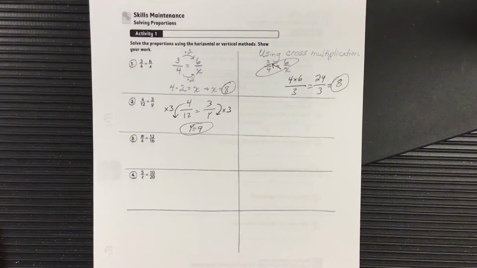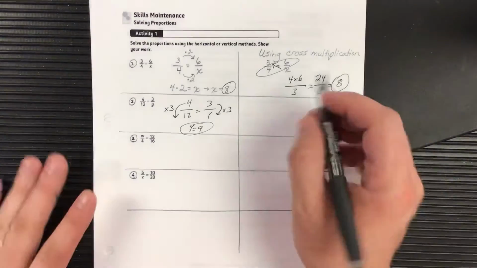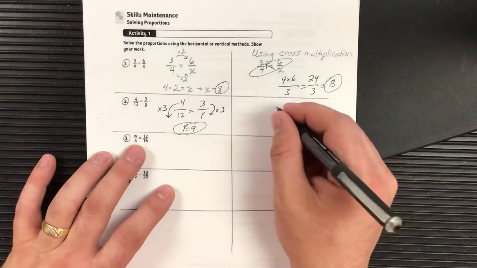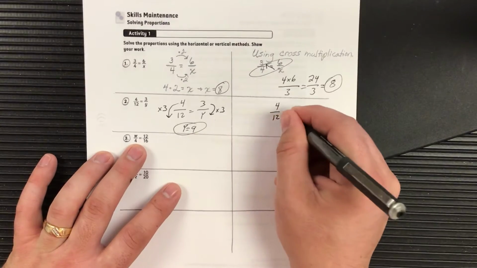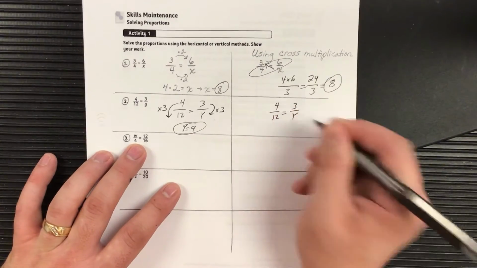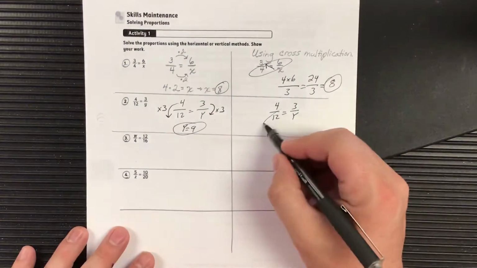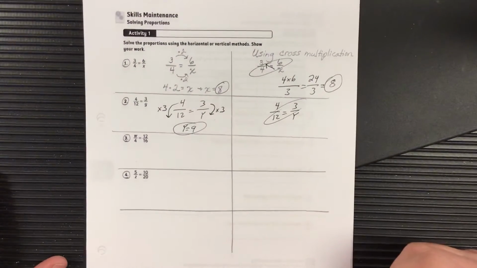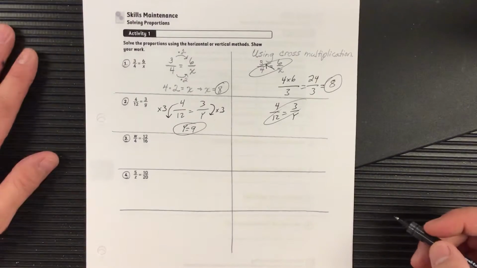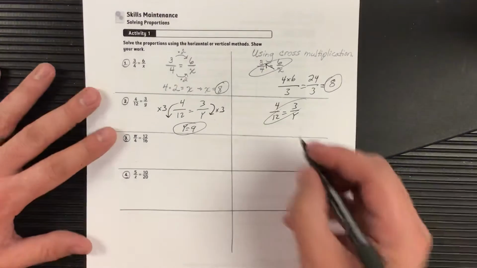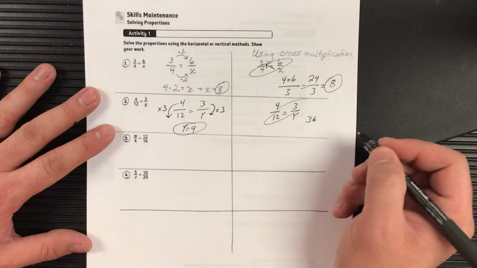Again, that's the horizontal or vertical method. Now let's use cross multiplying again. With the cross multiplying method, you look for two numbers that are diagonal from each other. Which numbers are diagonal from each other? 12 and 3, and I'm going to multiply those together. 12 times 3 is 36.